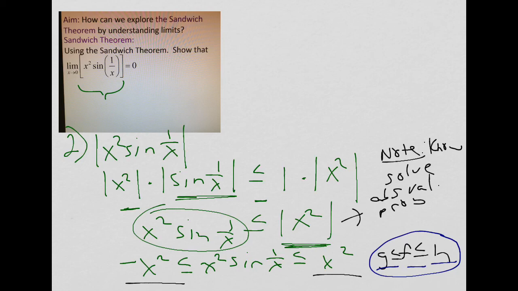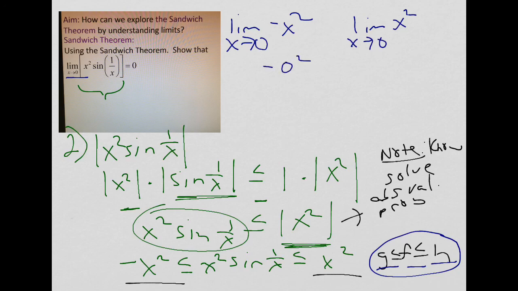So the limit of g, the g in this case being negative x squared, and the limit of h, in this case just positive x squared, what do they equal? In this case, it's as x approaches 0, and they do equal the same answer.